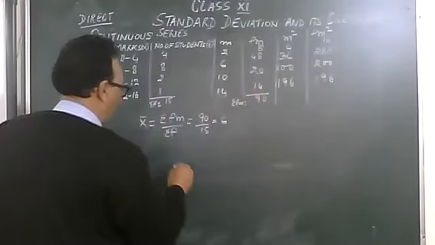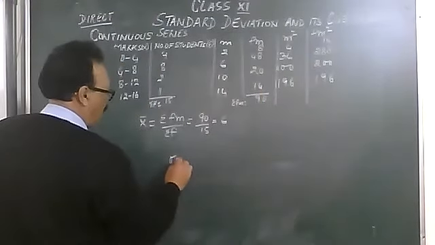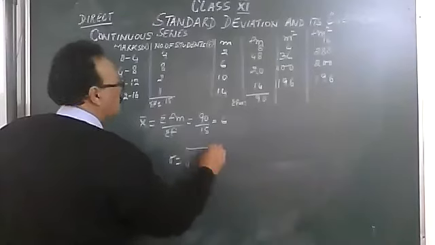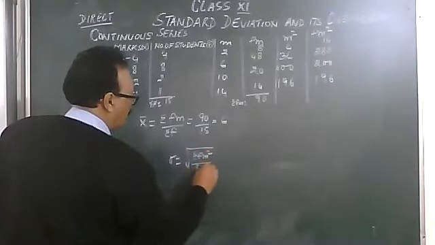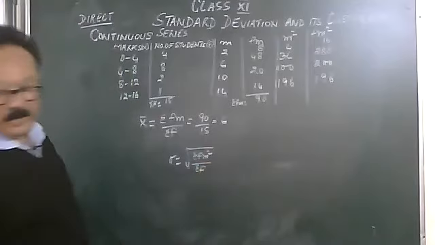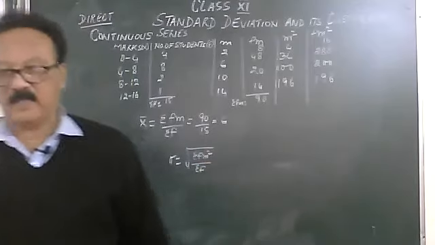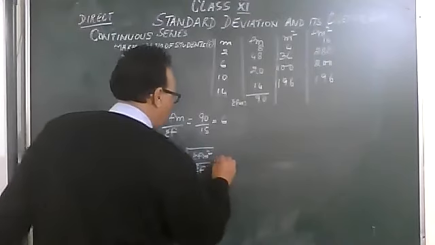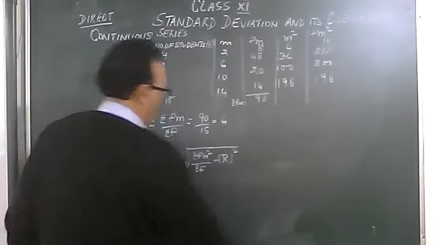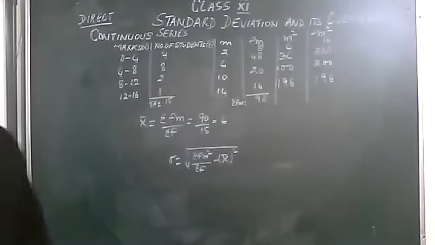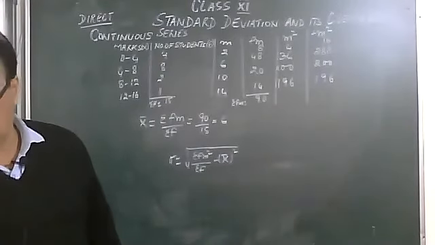Because the formula in the direct method would be sigma f m squared upon sigma f, and here there will be a small change, minus the mean square. This becomes the formula, minus mean square.